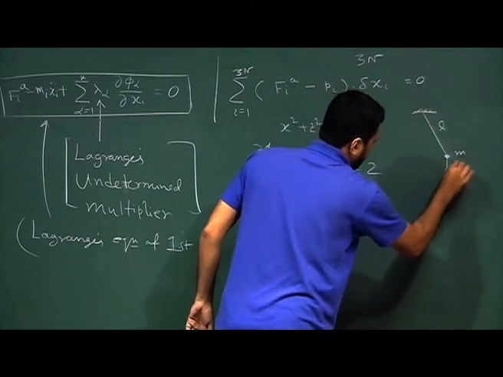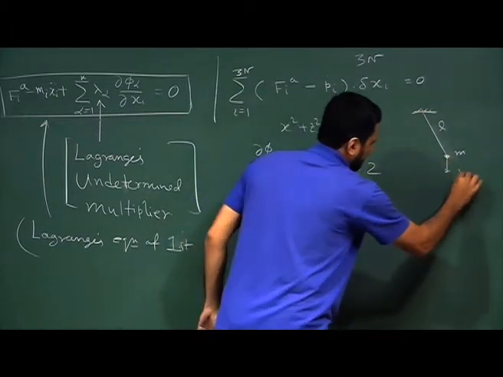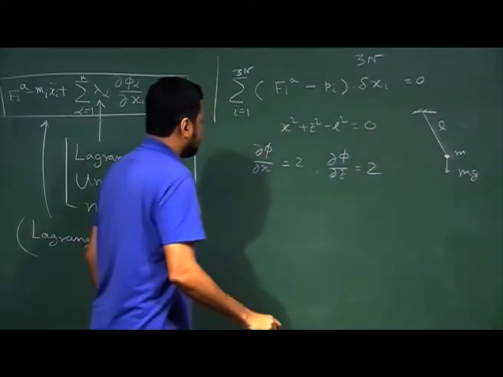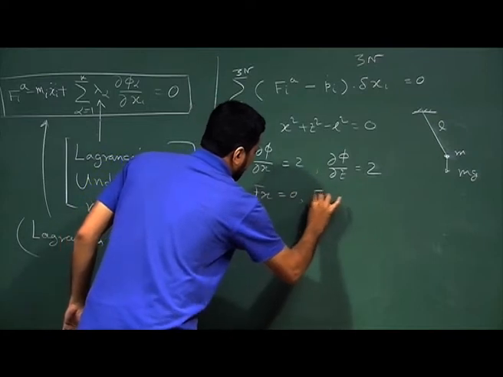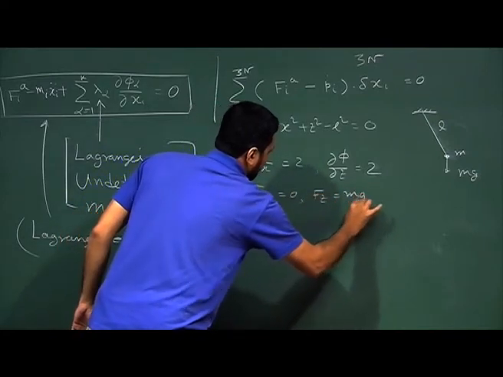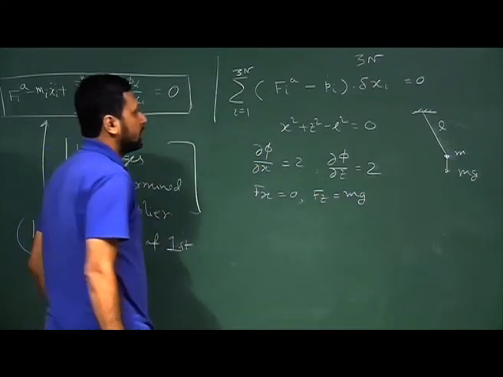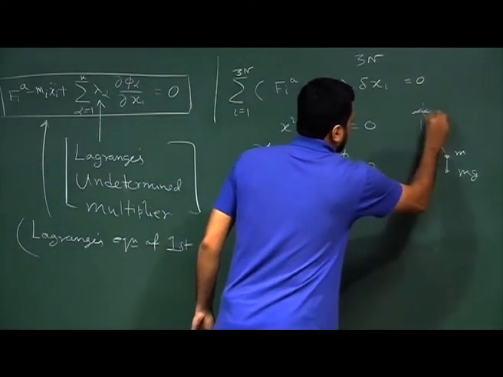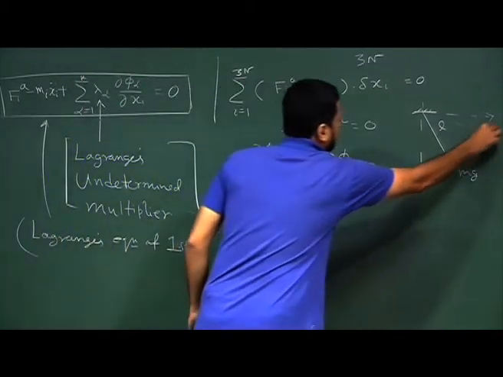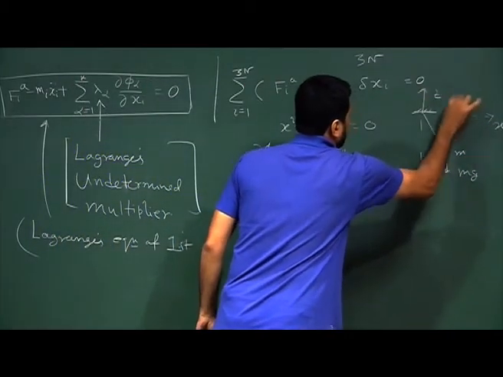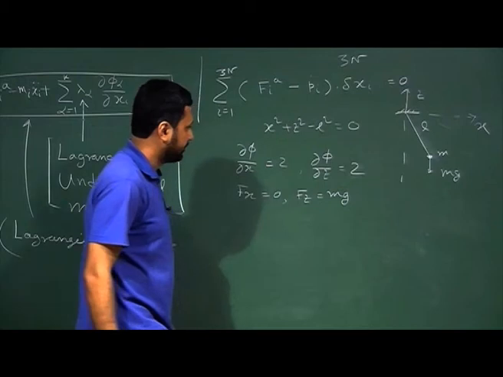Whatever force is acting is in the z direction, mg. So, f x is equal to 0 and f z is equal to mg. This is my x and this is my z, and this is minus z.